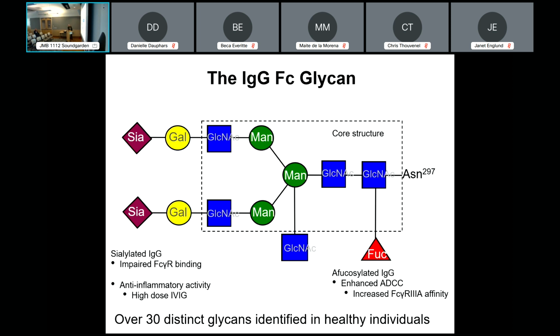And then terminal sialylation, which caps the glycan, that actually impairs binding to Fc receptors. So antibodies that have sialic acid are not very good at killing or depleting cells, but they're also thought to be essentially anti-inflammatory and the biologically active component in high-dose intravenous immunoglobulin.